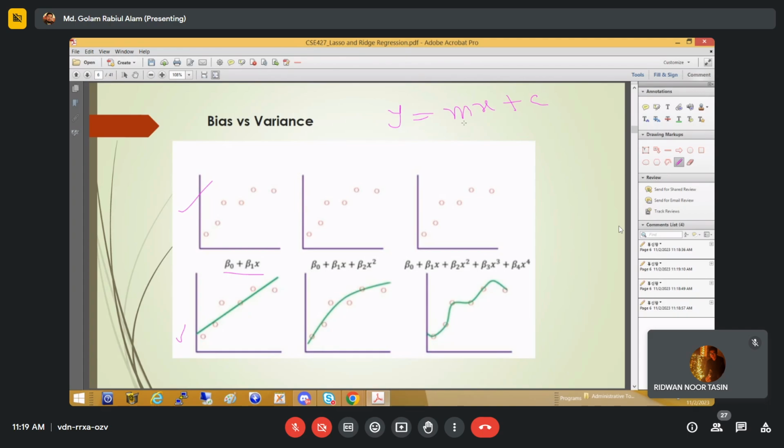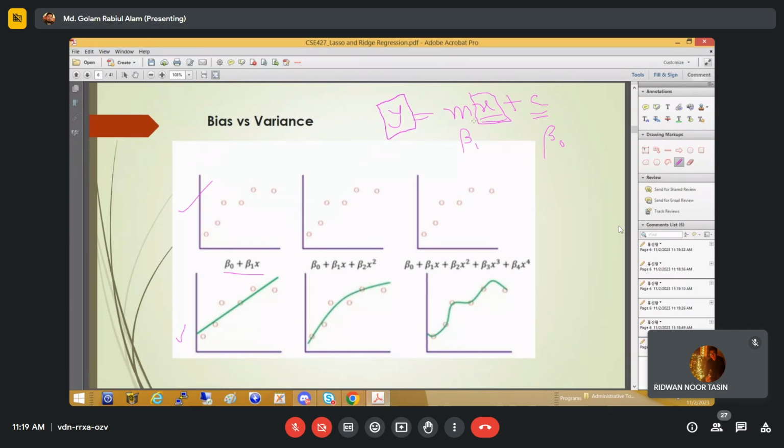In this case, beta 0 is our c, and m is our beta 1. And x is the independent variable, and y is the dependent variable.